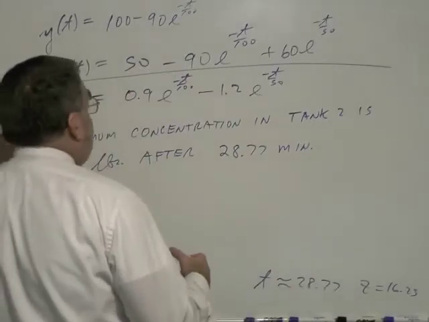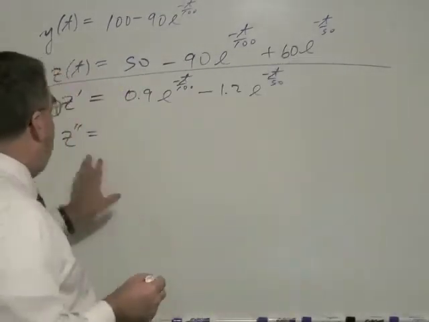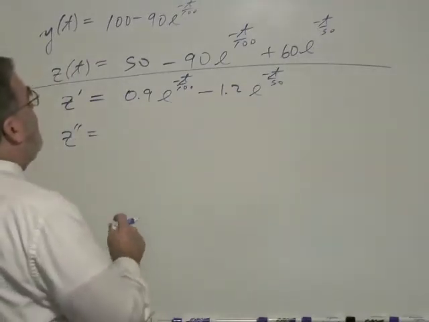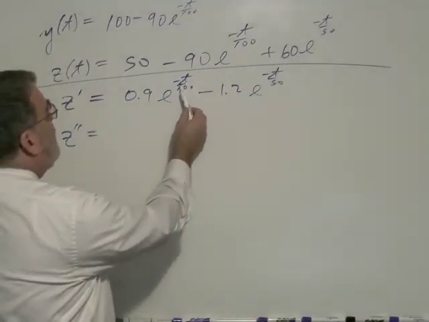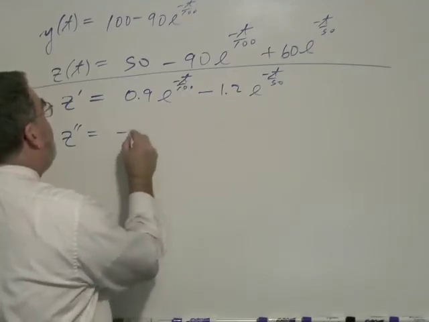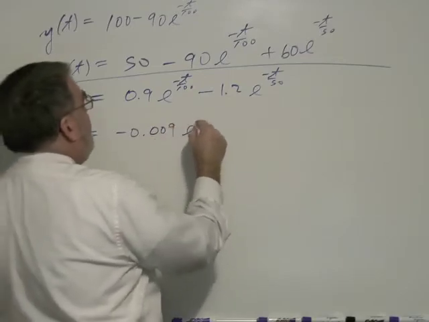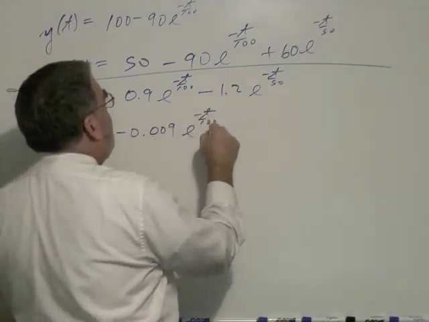So let me do some erasing here. The second derivative is going to be, what will that be? If I multiply minus 1 over 100 times this number, it's negative 0.009 e to the negative t over 100.